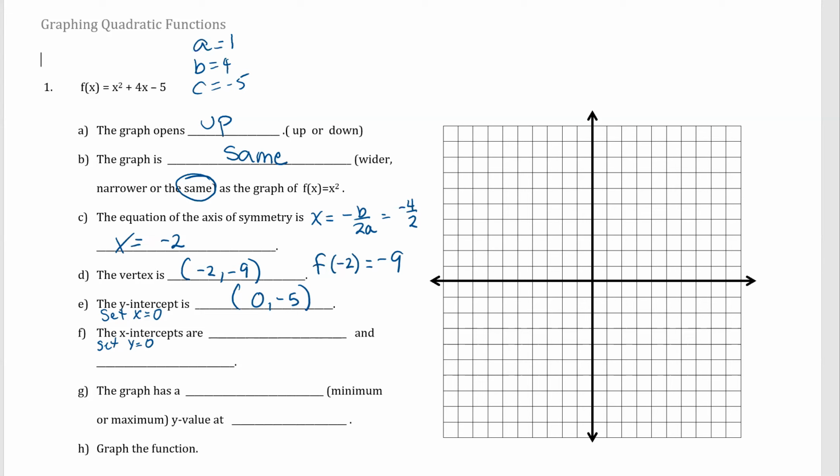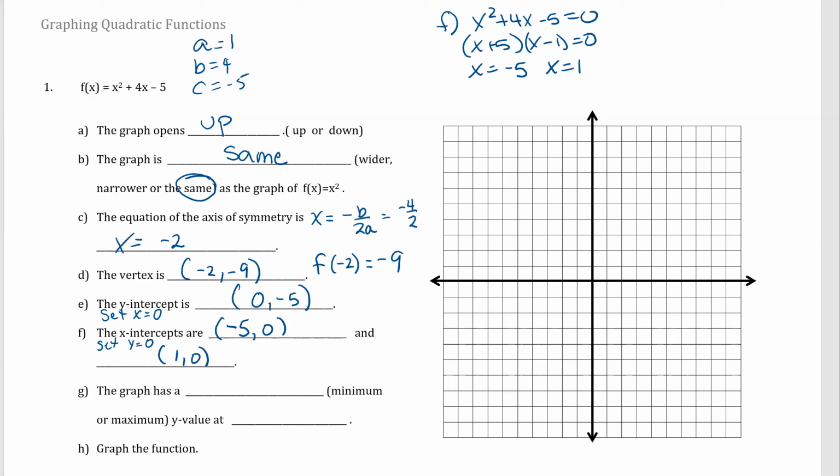And I'm going to work it out at the top. So our x-intercepts are at negative 5, 0, and 1, 0.